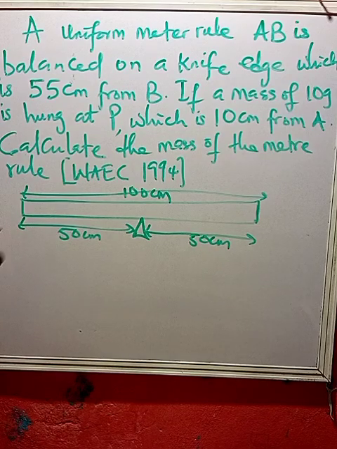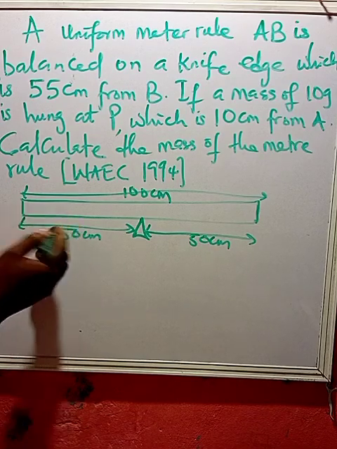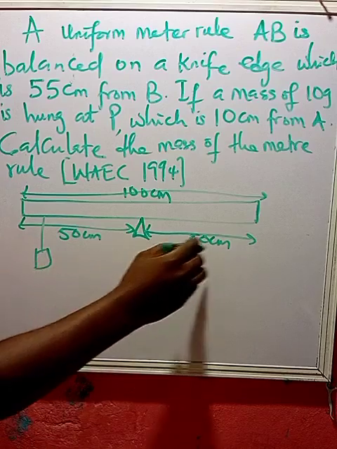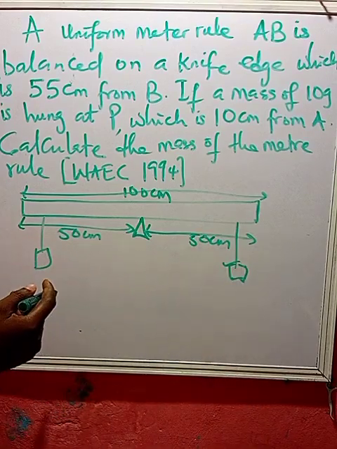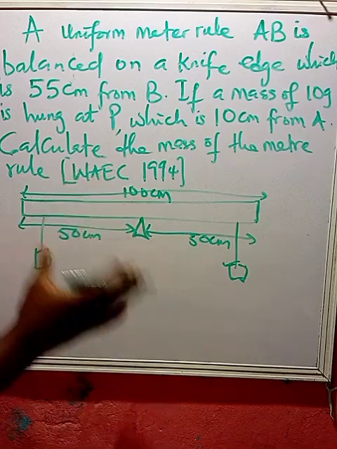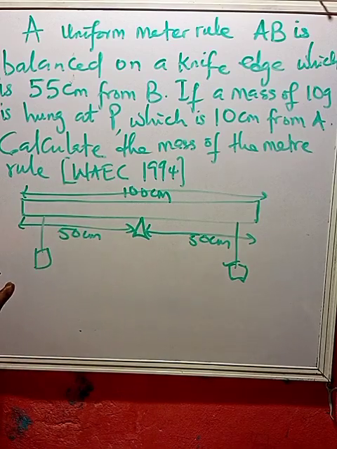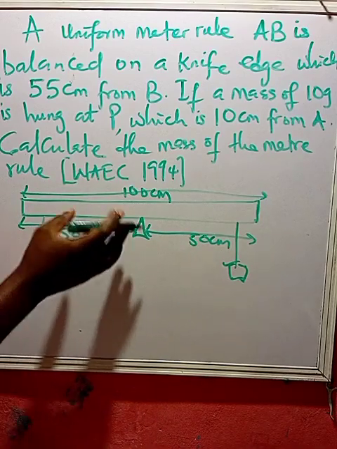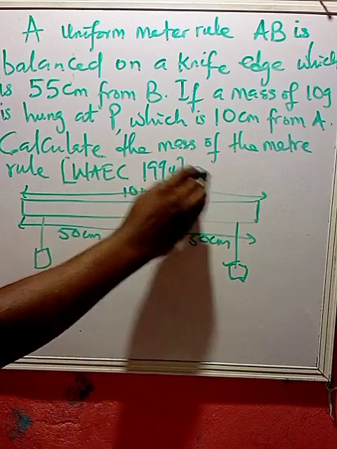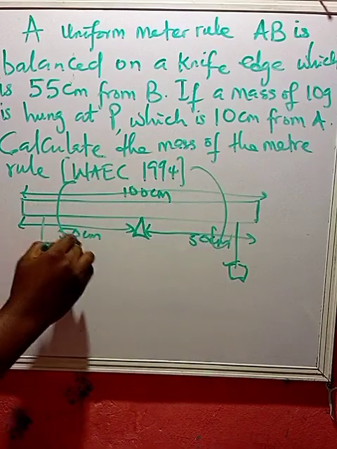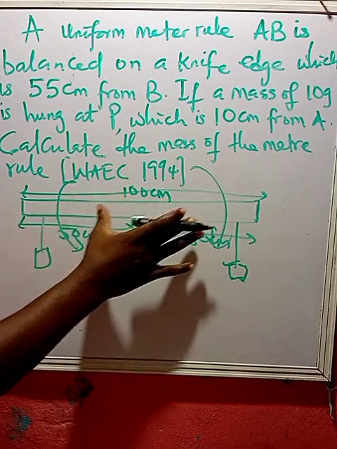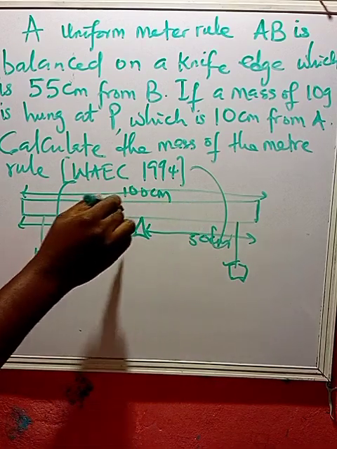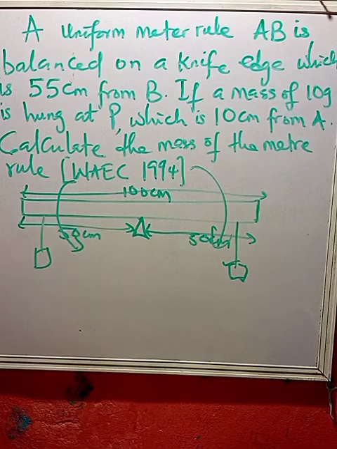Meanwhile, if we have a force from any direction, maybe a force here and a force here, we can take the moment of forces. The clockwise moment should be equal to the what? Anti-clockwise. Also take note that the weight of this meter rule is usually acting at the center of the meter rule.